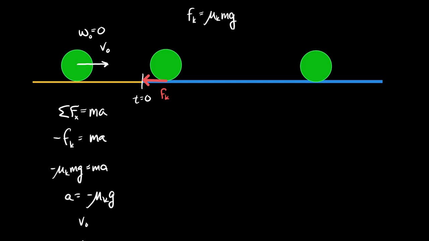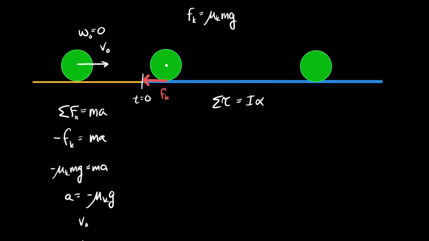This unbalanced force is also an unbalanced torque. If I consider that that is a torque about the center of mass of the object, then I could write that the net torque is equal to I alpha. Now, this friction causes a positive torque because it's causing the object to roll in the positive direction, the positive direction being to the right.